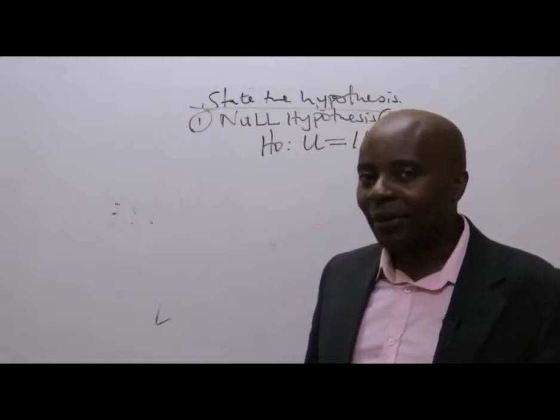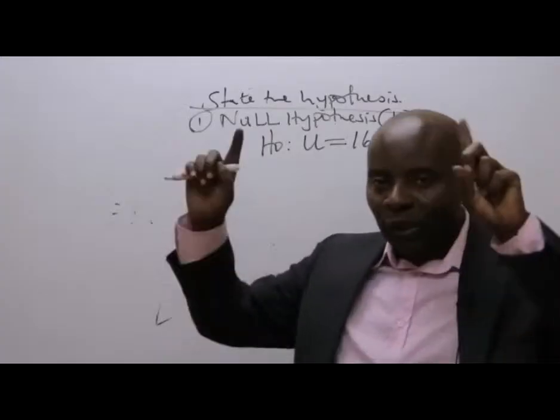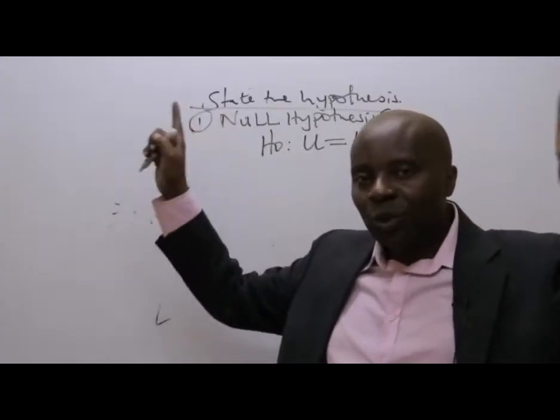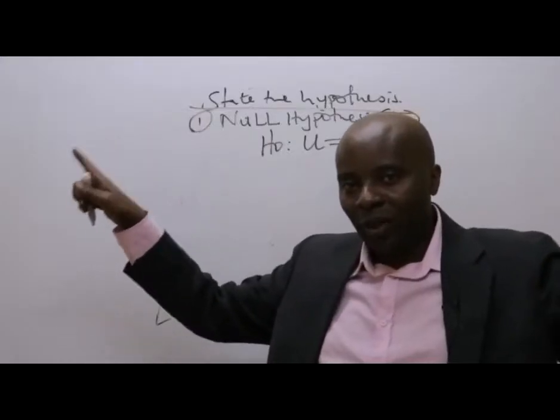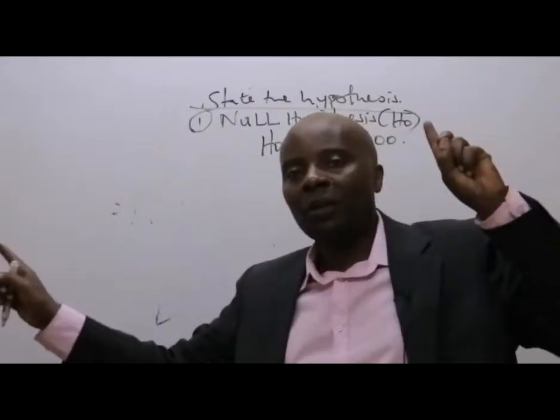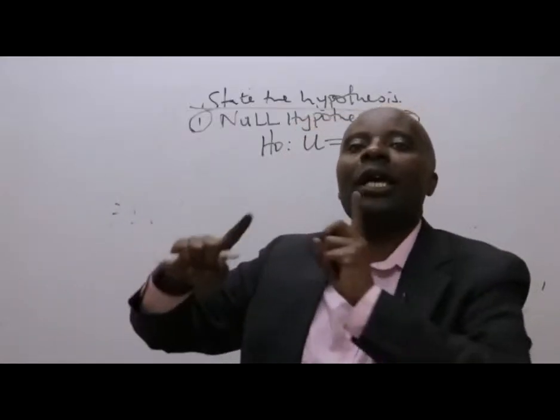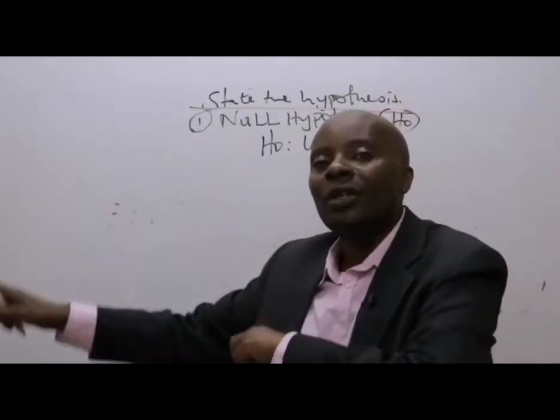Remember, they want us to test the claim that when we put up that bulb, it is going to stay there for 1600 hours. But you and I know that there is a possibility of this bulb taking either a lower or a higher duration.